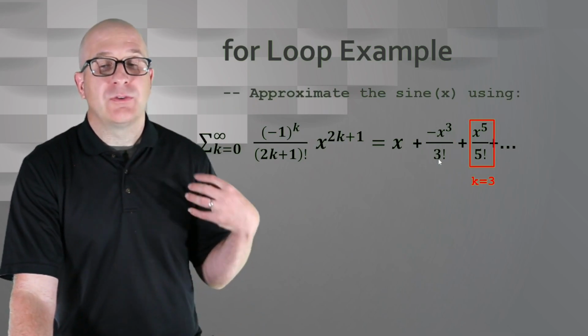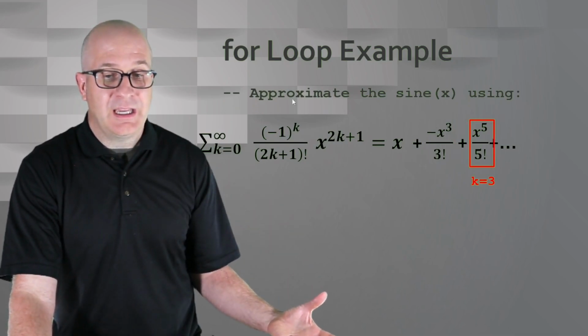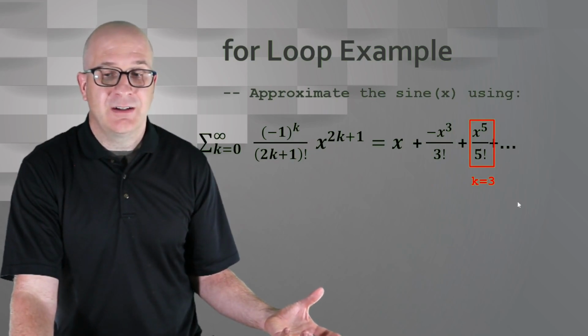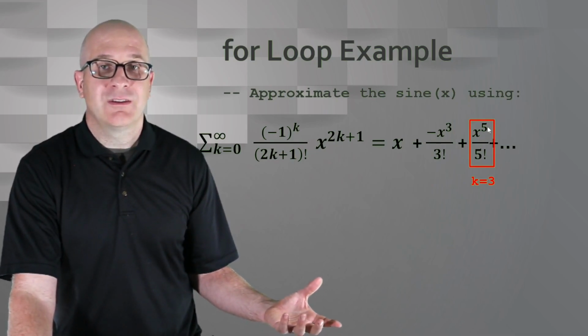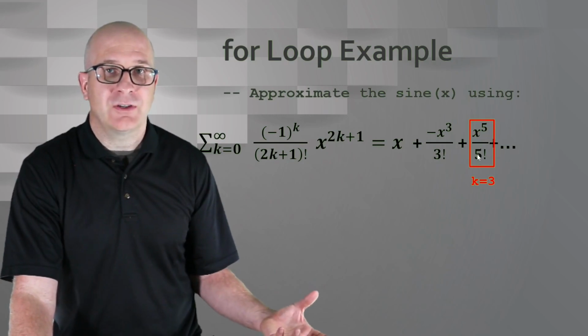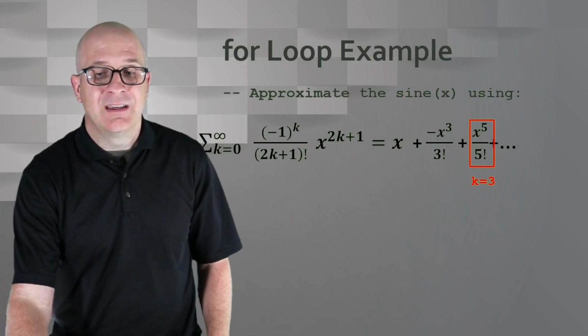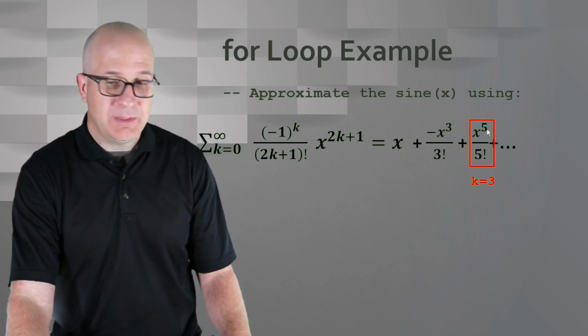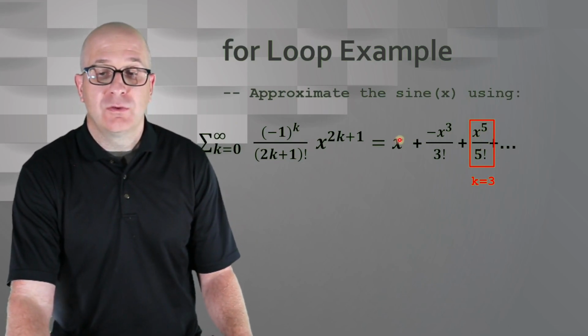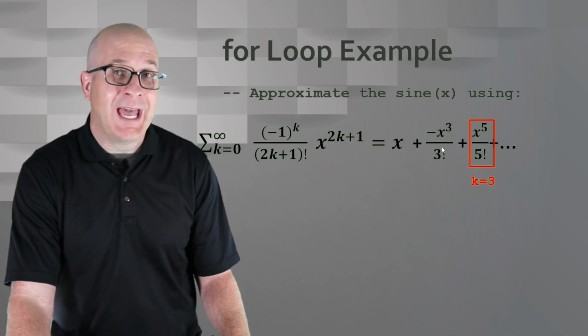When k equals 3, you plug in 3 into the k's here, you're going to end up with x to the 5th power over 5 factorial. So the third time we do that loop, we're going to add this third term to the other two terms that you've already added together.